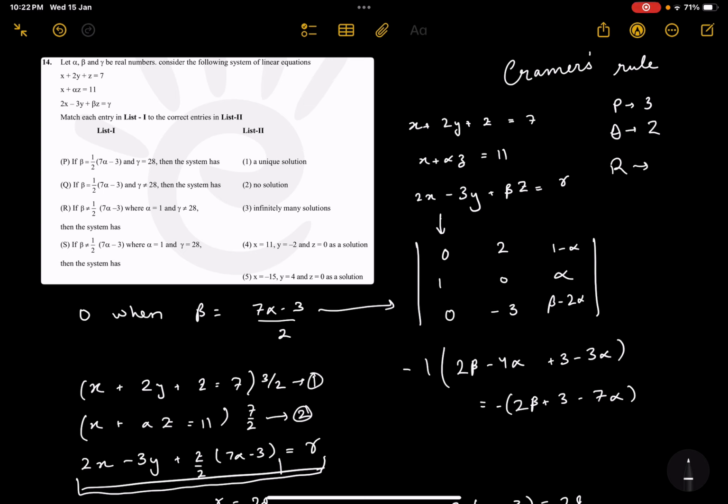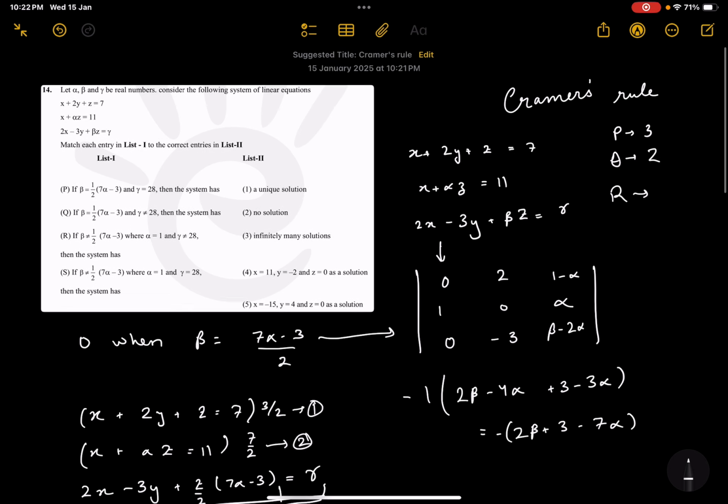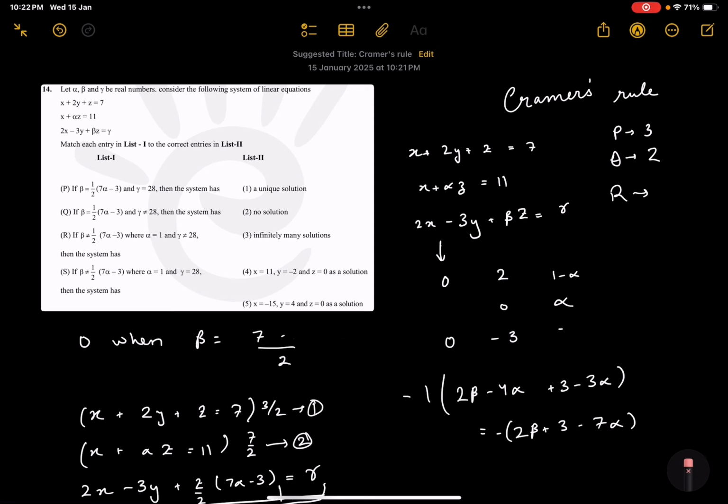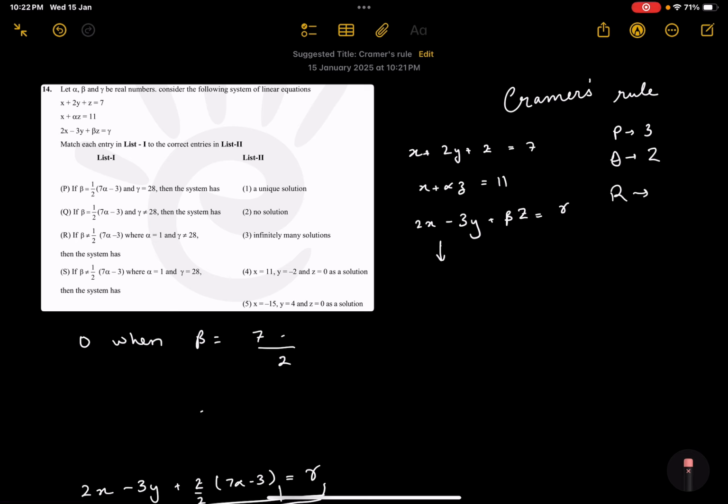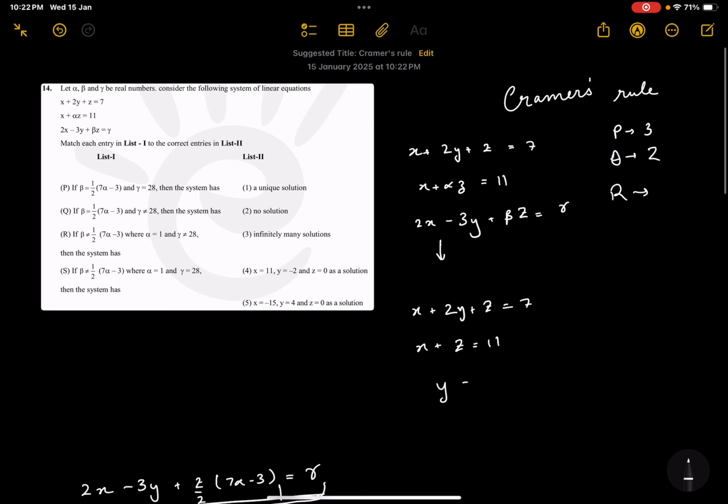We are given that alpha is 1. Substituting alpha as 1 in the second equation, we get x plus 2y plus z is 7 and x plus z is 11, which gives us y equals minus 2.